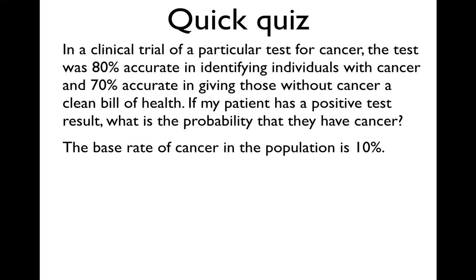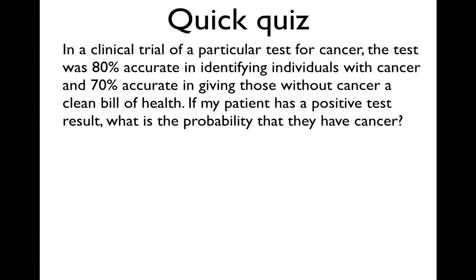If you were to grab a random person from the population, they'd have a 10% chance of having the disease. That's what's called your prior information. In the context of a clinical trial, if it's a specific proportion, you can call it your base rate.